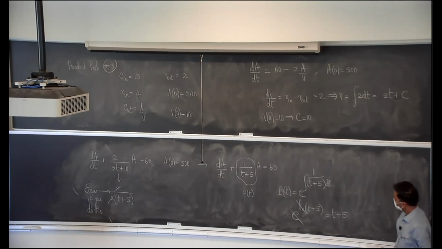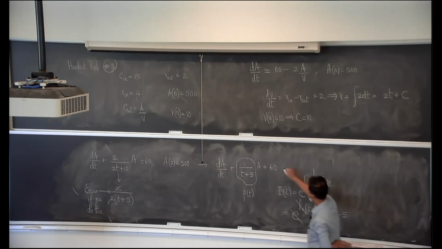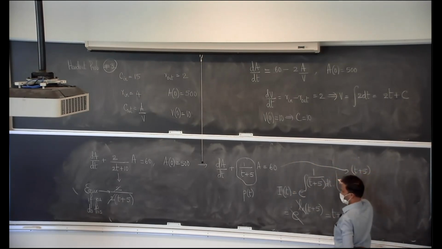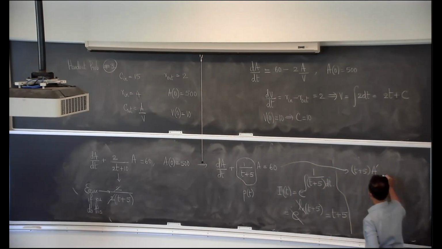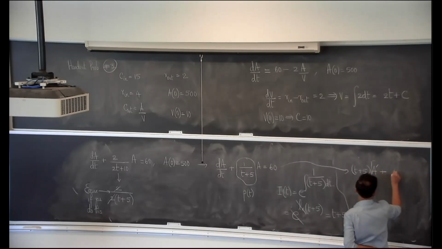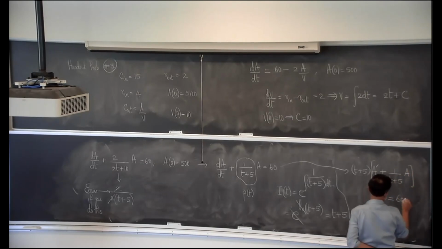All right. Now let's multiply this t plus 5 on both sides of this equation. I'm just going to write a prime for dA dt. Too much writing. But the right-hand side should be clear, 60 times t plus 5.